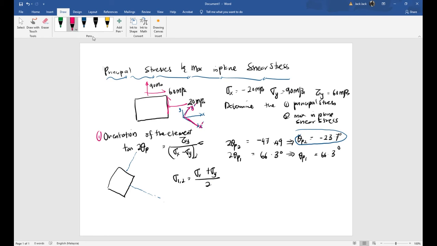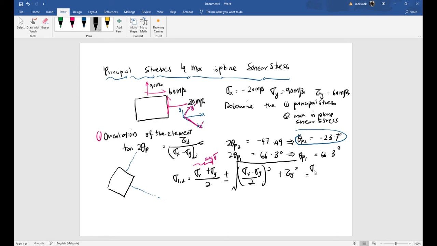Take note, this is the average normal stress. Then we need to include the hypotenuse, plus or minus the square root of (sigma x minus sigma y over 2) squared plus tau xy squared. Since we have the plus and minus sign, you are going to have two different values for normal stress.